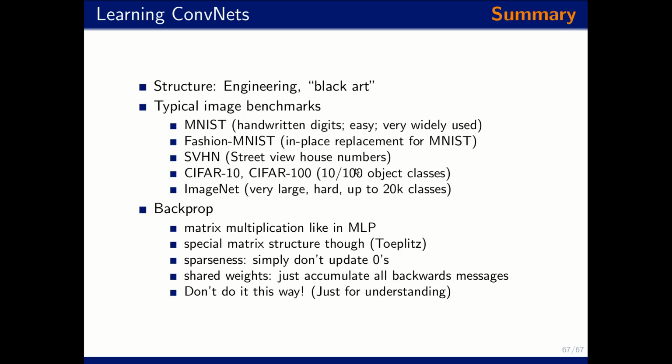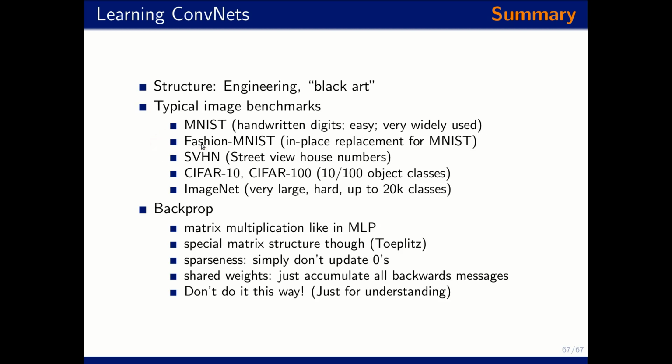And so to summarize this section, we discussed a few structures and mentioned that this is actually a pretty engineering task and a little bit of a black art. We looked at a few benchmarks, so we looked at MNIST and ImageNet. On this website, there are a few typical image benchmarks. MNIST is handwritten digits.